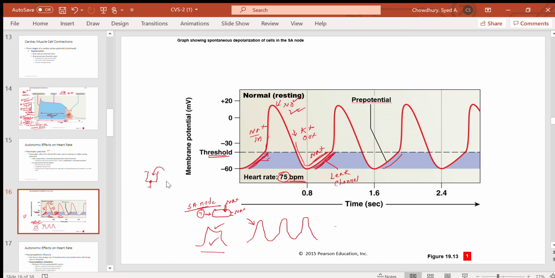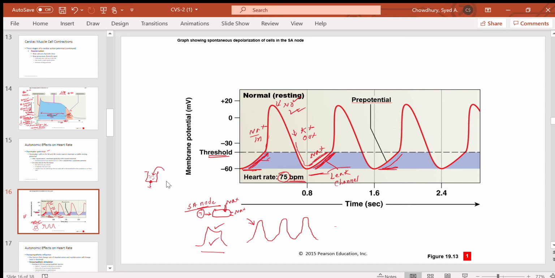So the filling will be slower than the intact one. Same way, during this time only, the leak channels stay open. That's why it goes up slowly, which is very important.